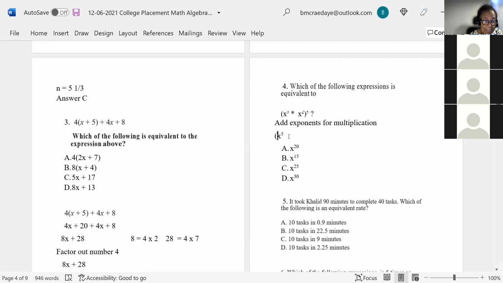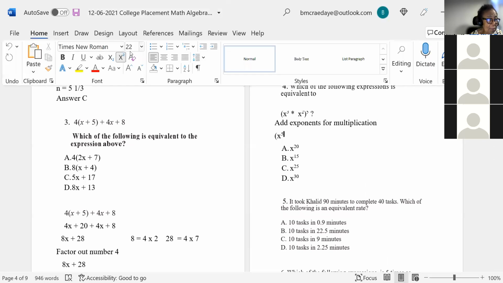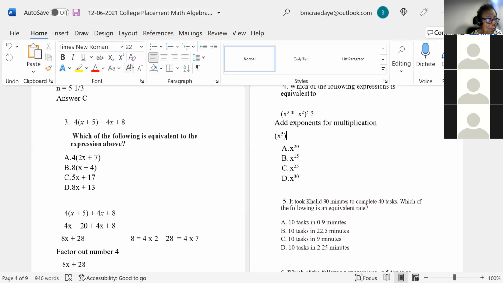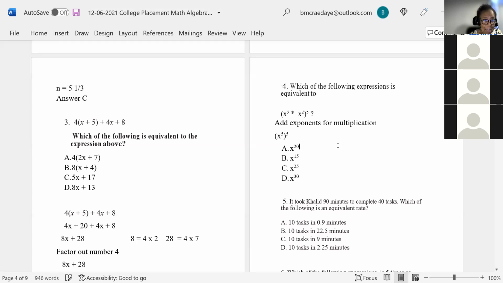So x to the 5th, all of that to the 5th power. And 5 times 5 is what? 25.